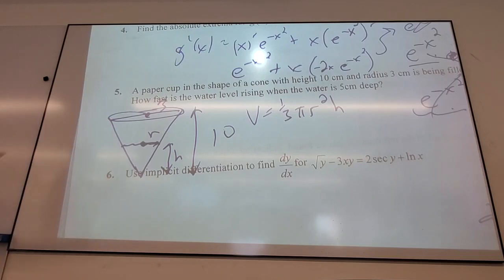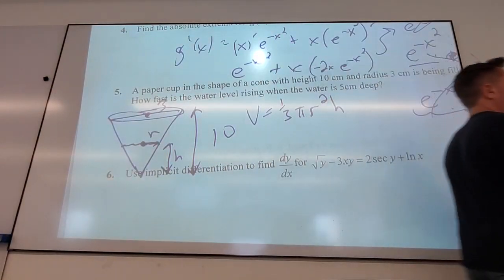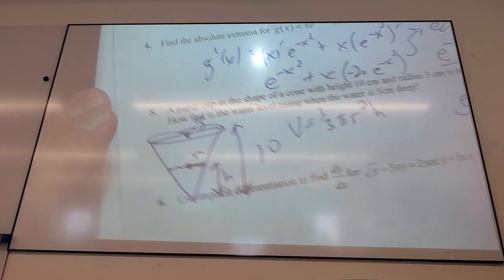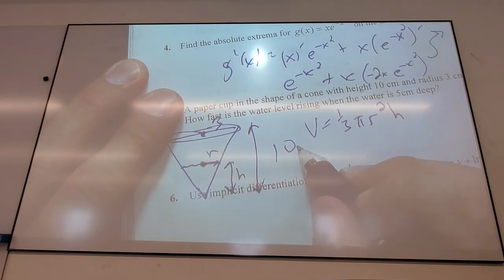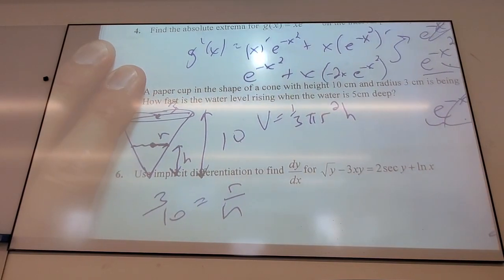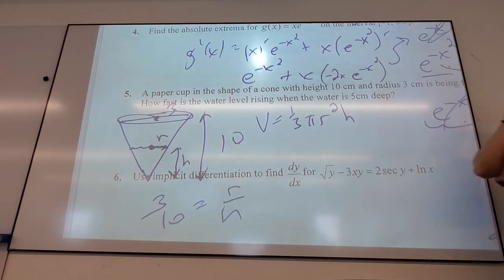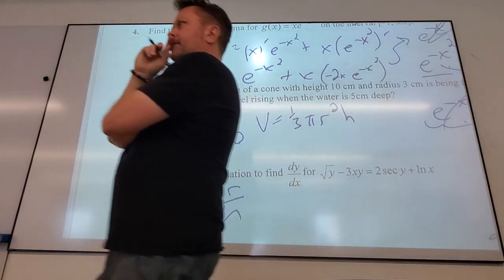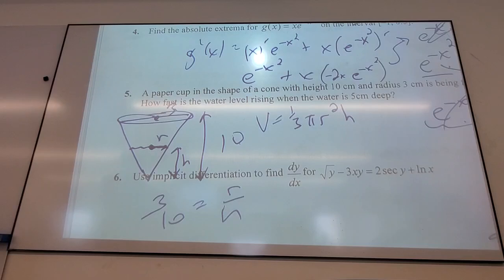What can I set up from my similar triangles? Okay, 3/10 equals R over H. And you're going to solve for what? This feels backwards, but you're going to solve for R so you can replace R.